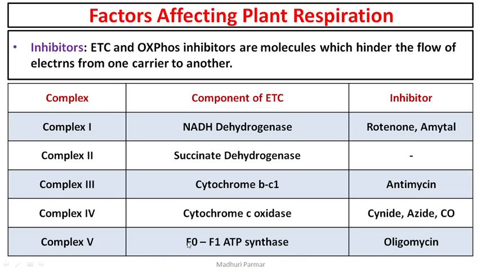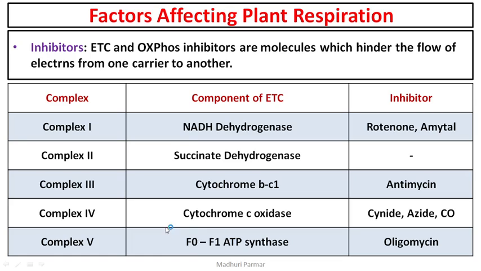A lot of students call it F0 F1, which is also fine, but it is actually FOF1. Why do I say FO? Because they found out that there is an inhibitor known as oligomycin. This oligomycin inhibits the FO particle, the part of the ATPase which is present inside the membrane.